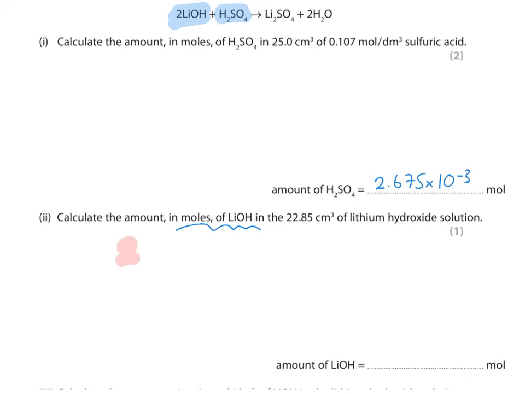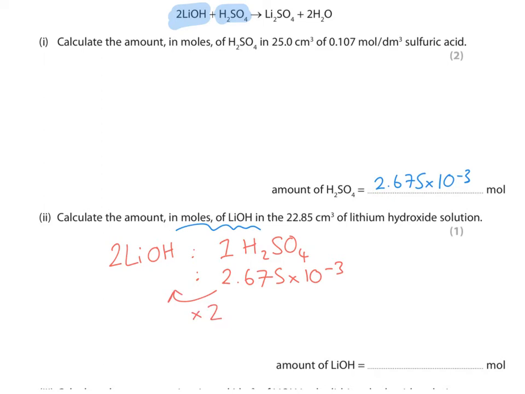So the equation tells me that there are 2 lithium hydroxides for every 1 H2SO4, and I worked out in the previous question 2.675 times 10 to the minus 3 was how many moles of H2SO4, so I need to times it by 2 to get my moles of lithium hydroxide, and that would be 5.35, also times 10 to the minus 3, leaving it in standard form.